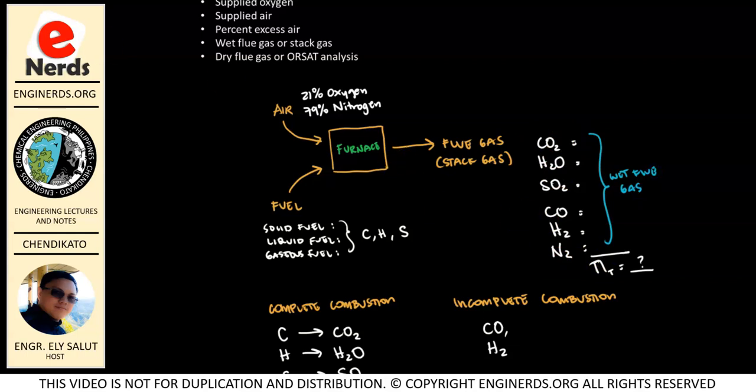Okay. So, paano naman kapag dry flue gas or ORSAT analysis? All we have to do is to exclude water. So, hindi kasama yung water kapag gagawa tayo ng ORSAT analysis or dry flue gas analysis. So, ang i-add lang natin sa total number of moles is itong carbon dioxide.